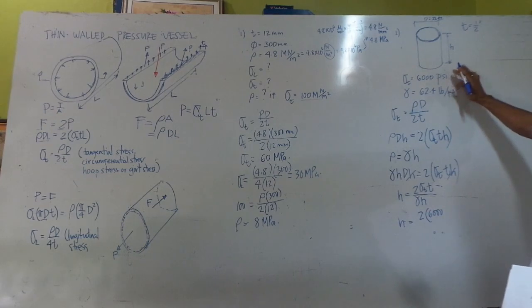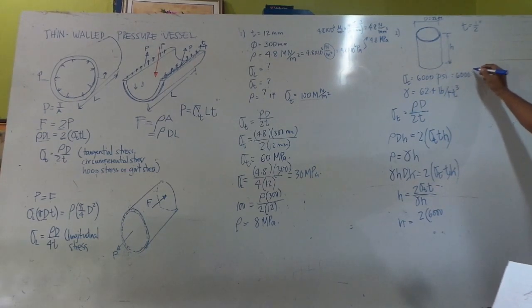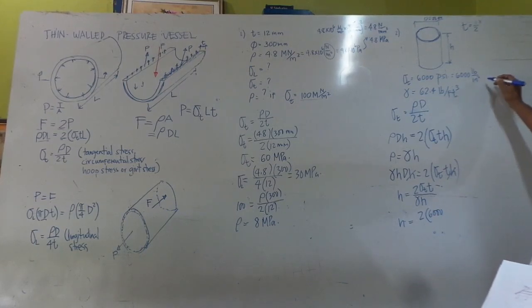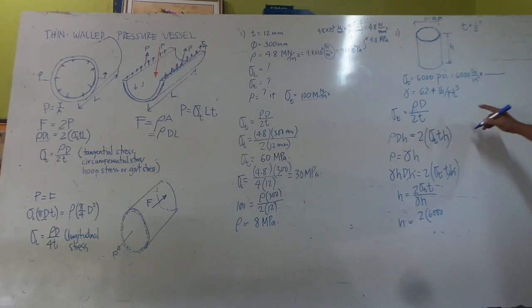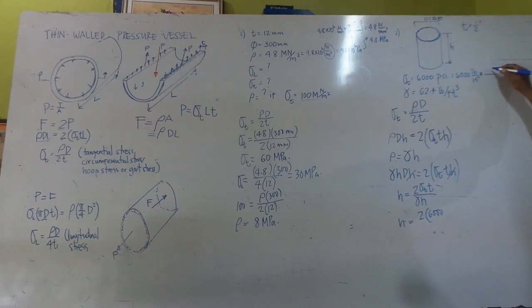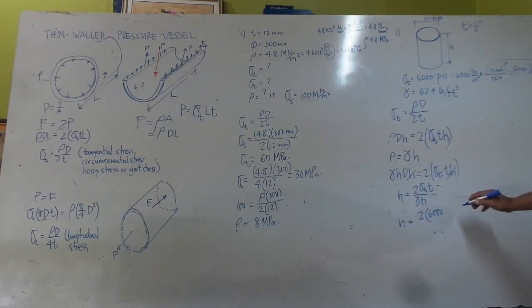So we know that 12 inches equals 1 foot, and it is squared. So this is equivalent to 6,000 times 144, in pounds per feet squared.